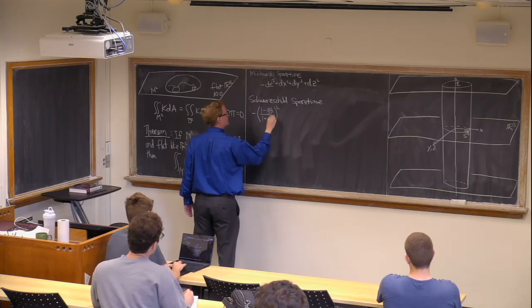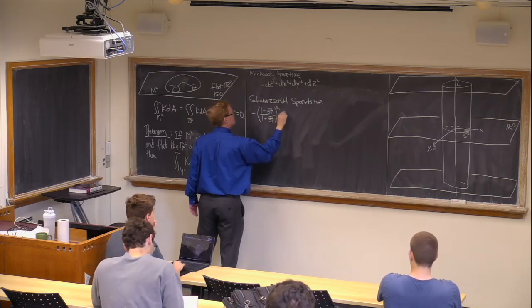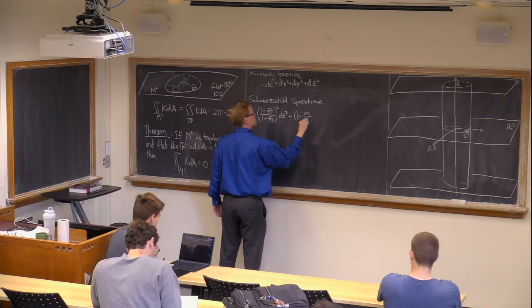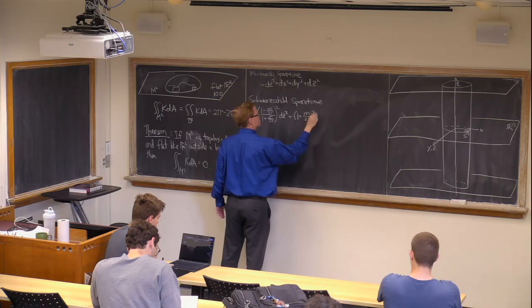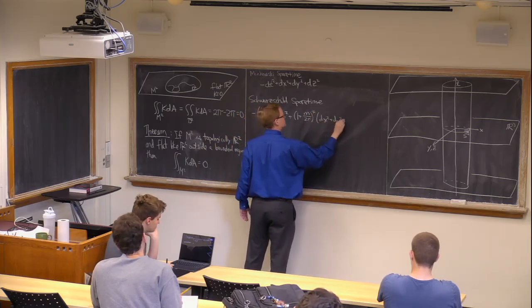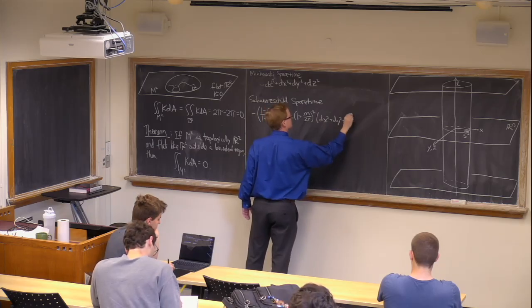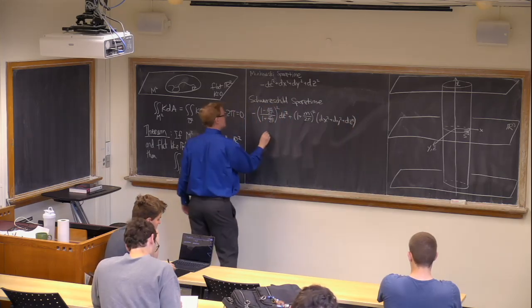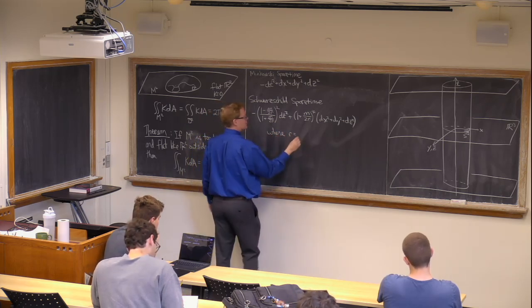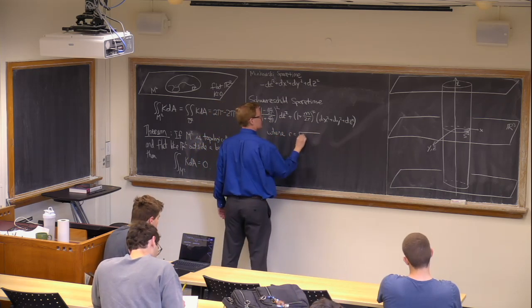But yeah, I think it's better. Okay, where r is just the radial coordinate, the square root of x squared plus y squared plus z squared.